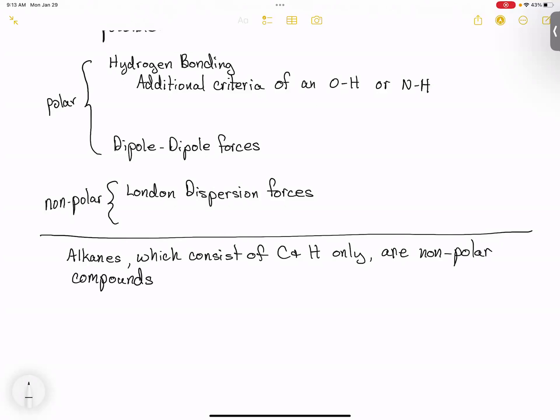So they have London dispersion forces. Okay, so that's the first thing you need to know about alkanes: the only thing they can have is London dispersion forces.